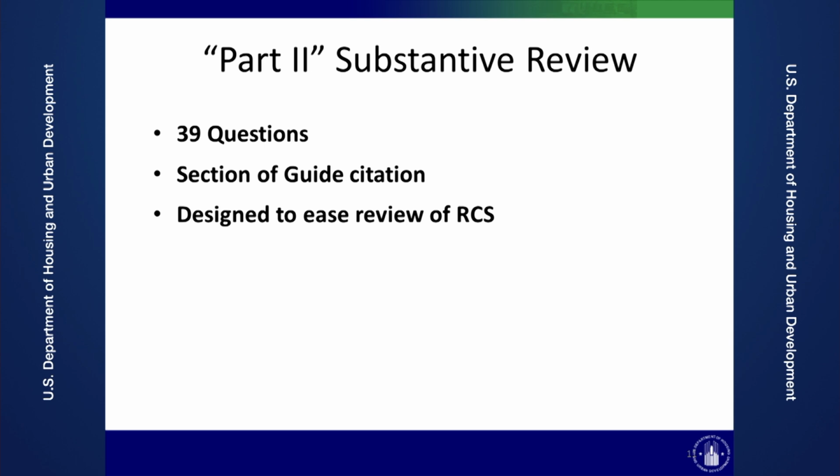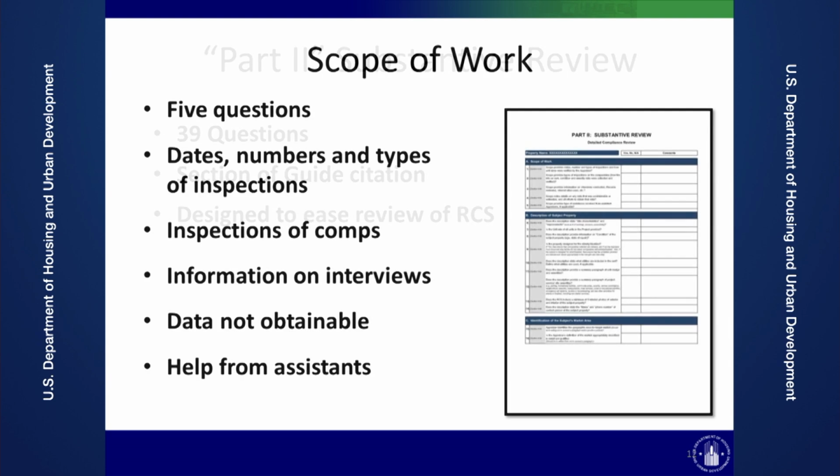The first part of the substantive review is the scope of work. There are 5 questions. The questions and the answers for those questions are found in section 9-9 of the guide. Dates and numbers and types of inspections. Inspections of the comparability of the comps.